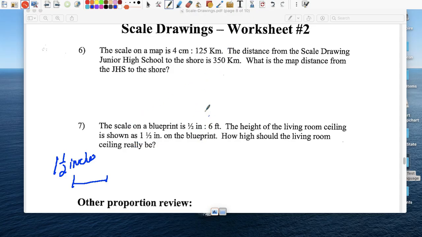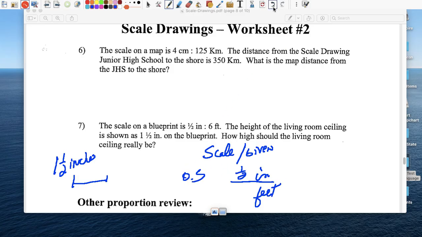Well, again, here's a scale. What's given to us? I would change the half. If you want to use a half, you can. If you want to use 0.5, you can. I would probably use 0.5. It doesn't matter. Well, let's give it a half since they give us that, and this is 6 feet.